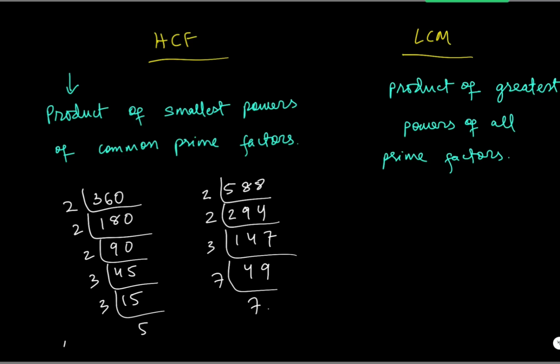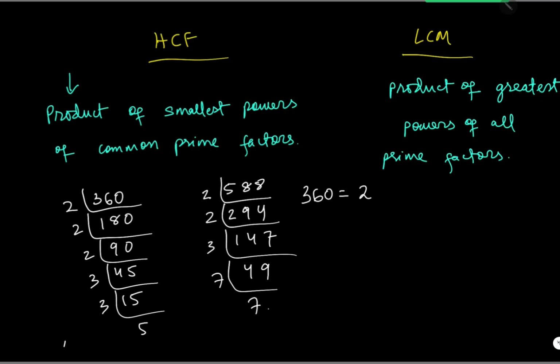What does this mean? Let us understand the definition with an example. I have taken 360 and 588 below, and I have taken the prime factorization of 360 and 588, and let me express 360 in its canonical decomposition.